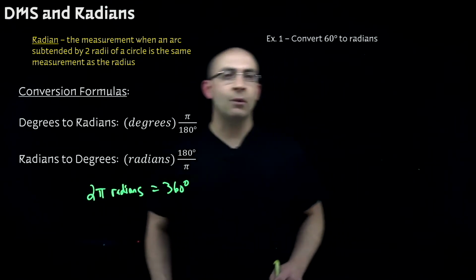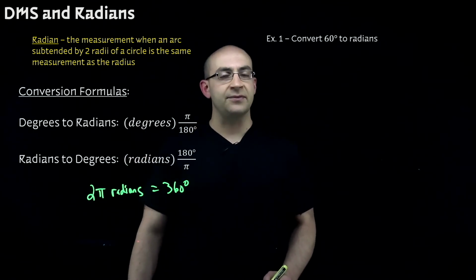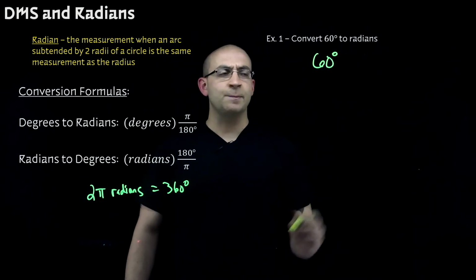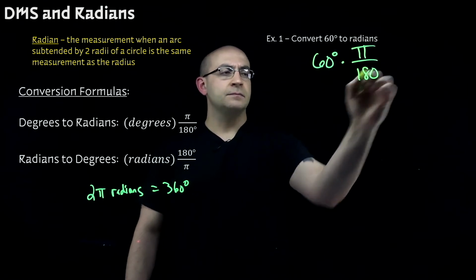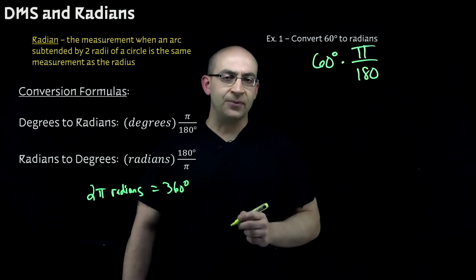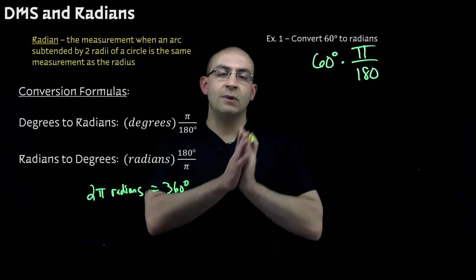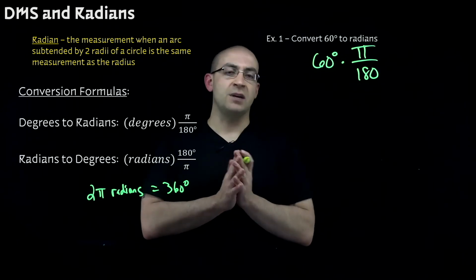Number 1, I want to convert 60 degrees to radians. Okay, let's use our trusty formula here. Because I'm starting with degrees, I'm going to multiply 60 times pi over 180. Now, like I said before, pi and radians go hand in hand. Whenever we talk about radians, we're talking about pi. Here's what's a little tricky about that.